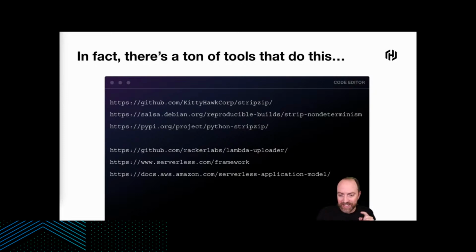I mentioned one there, the Lambda uploader, which I actually worked on in 2012 or 2013, something like that. And then I mentioned these two I just talked about a second ago as well, the Serverless Framework and the AWS SAM CLI. But I can't tell you how many times I see, whether it's a subreddit or somebody in a forum asking for help, or in a community Slack, somebody saying, Lambda's not deploying the way I want. And so I think a lot of it goes back to this idempotency of build artifacts problem, which I find super interesting.